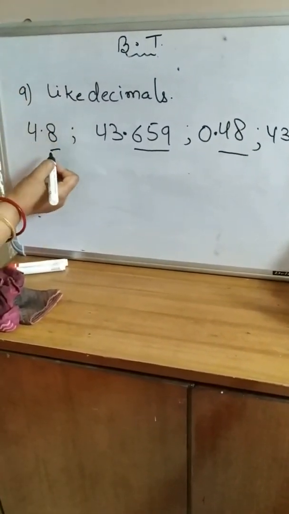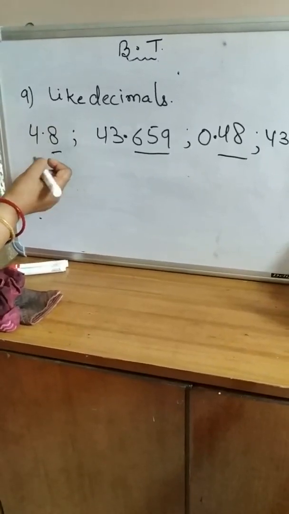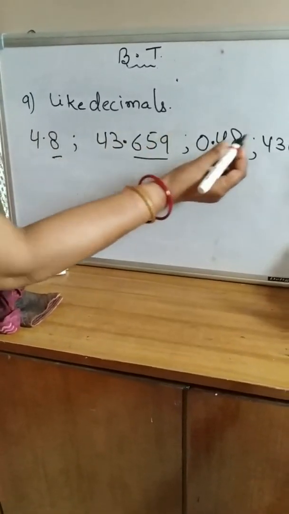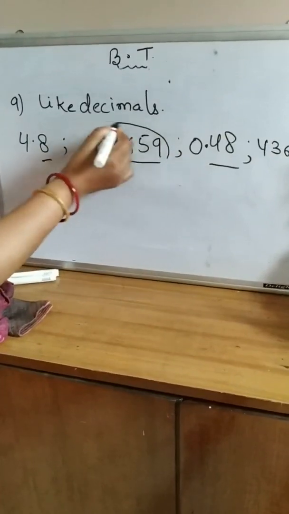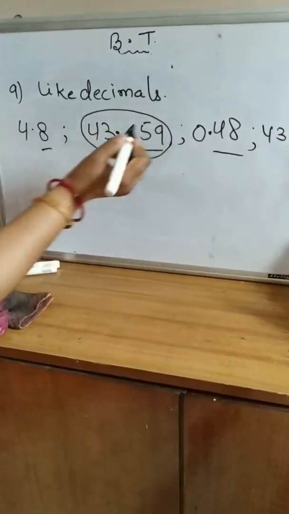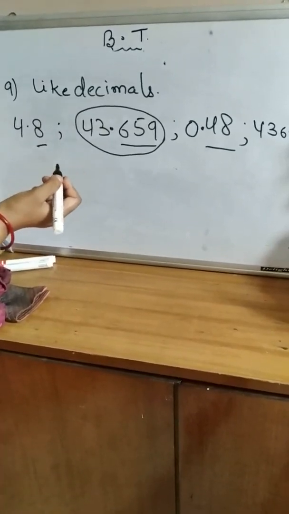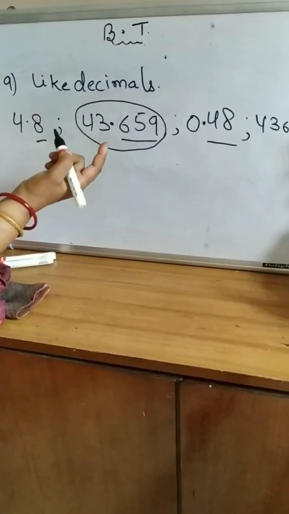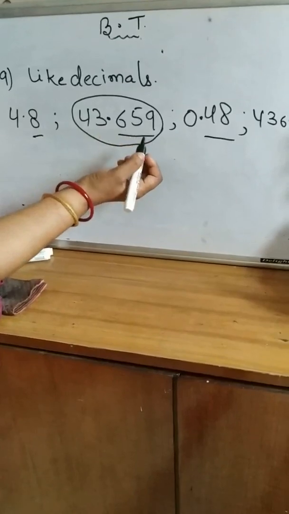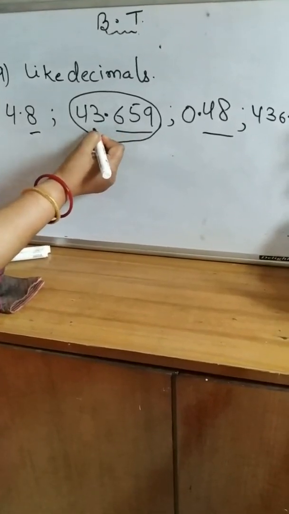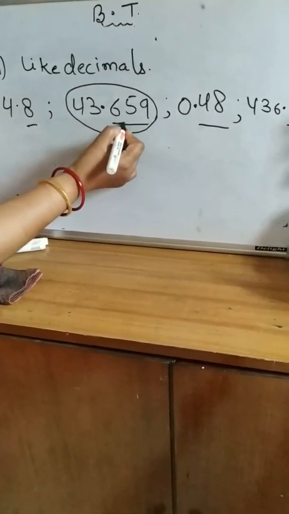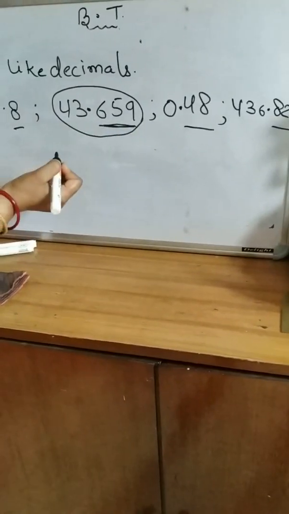So we have to frame these numbers which have here 3, here 1, here 2, here 2. Firstly, we have to select the decimal number with the maximum decimal part. Here it is 43.659, which has 3 digits in the decimal part.